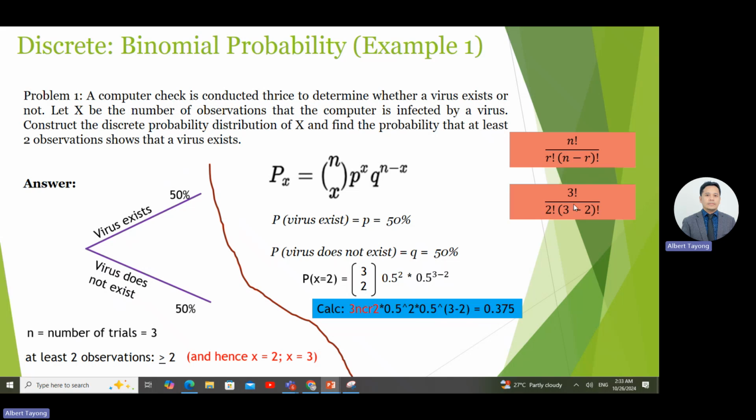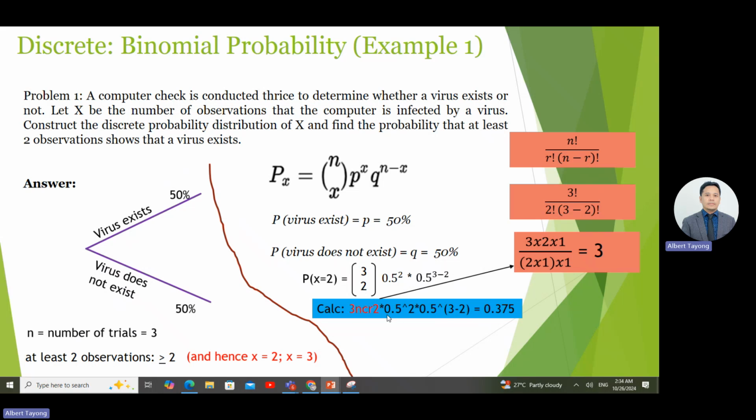Our n is 3 minus 2, then we have factorial. So 3 factorial means 3 times 2 times 1. We multiply in descending order until we get 1. And below we have 2 factorial, that is 2 times 1. And here we have 3 minus 2 factorial, that is 1 factorial or 1. So basically this is equal to 6 divided by 2, which is 3.